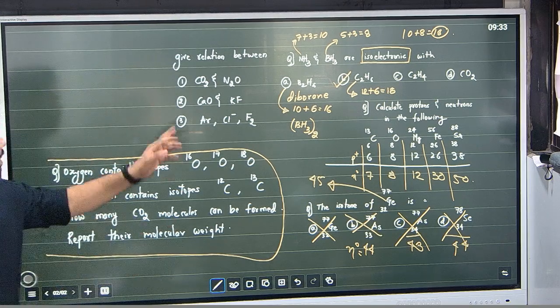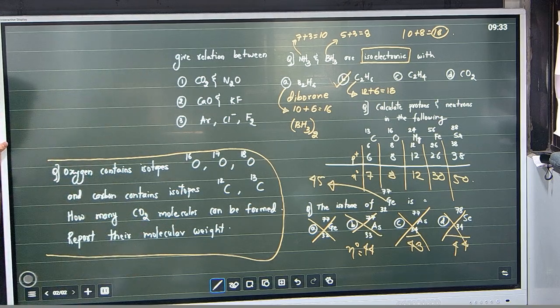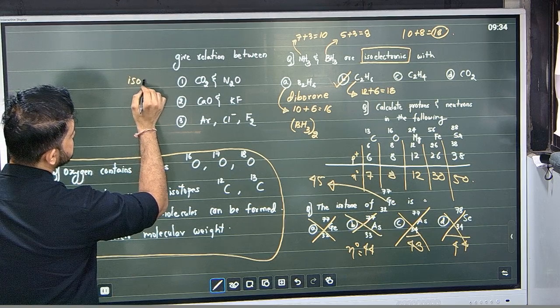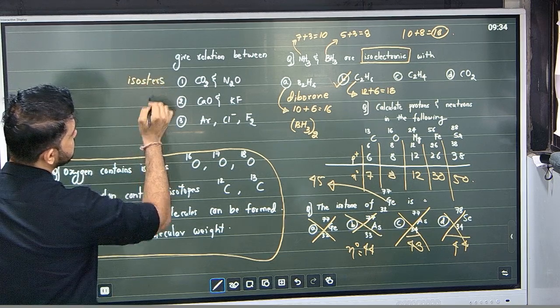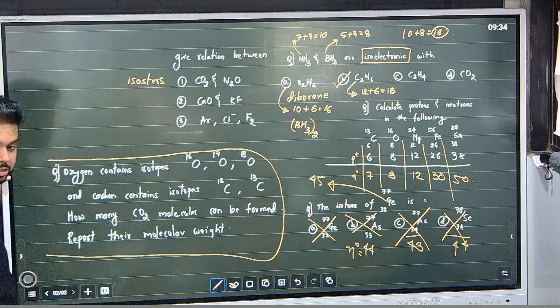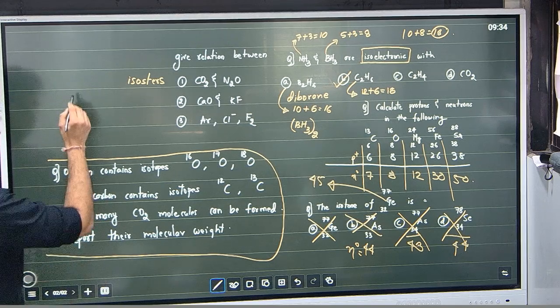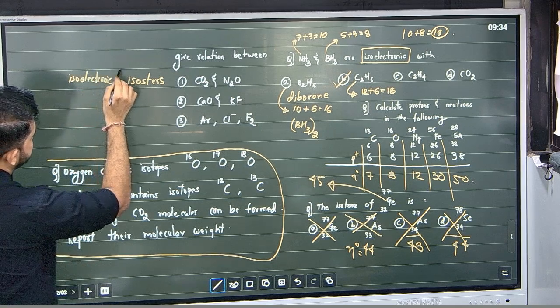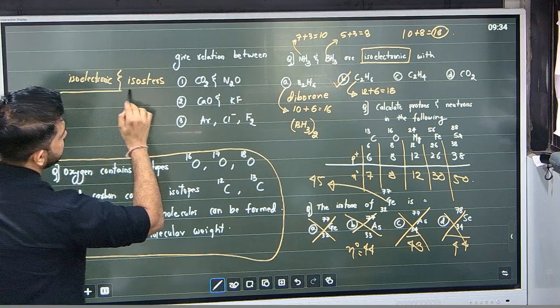Let's give the relation between these. Anyone who got the relation for the first one? What is the relation? Isosters. Are they only isosters? They have the same number of electrons and the same number of atoms too. We can call them isosters, and also isoelectronic. Next, what about the second one?